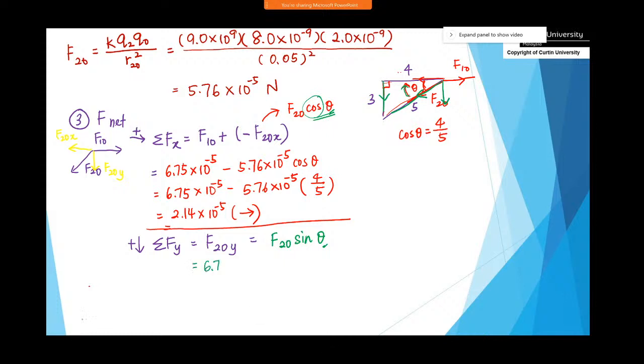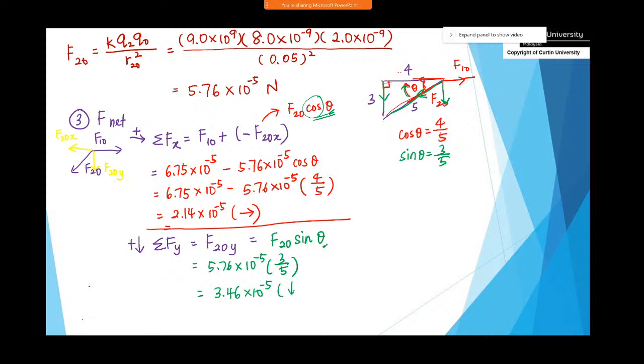So F2O 5.76 times 10 to the power of negative 5, sine theta is equal to 3 over 5. So 3.46 times 10 to the power of negative 5.